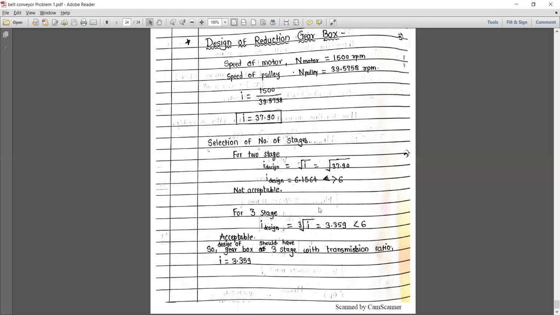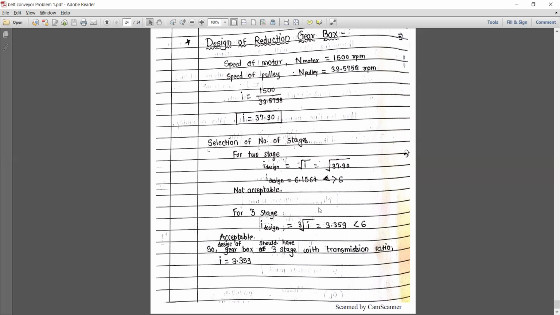So we have to go with 3 stages. The design transmission ratio is the cube root of I, that is 3.357, which is lesser than 6, so it is acceptable. While designing, you have to consider 3 stages with transmission ratio I equal to 3.359.